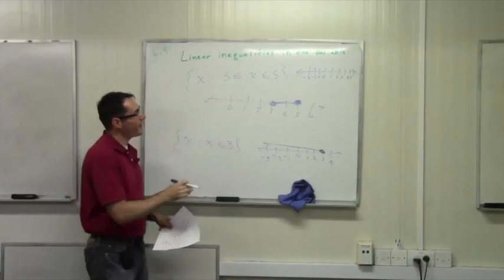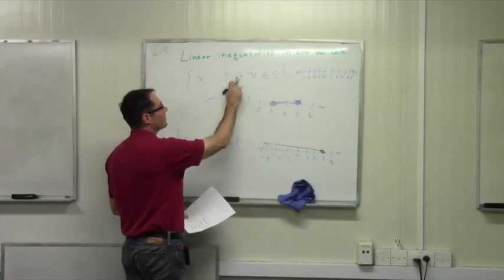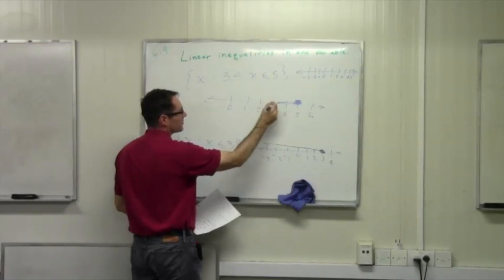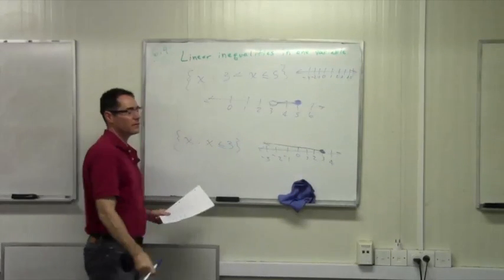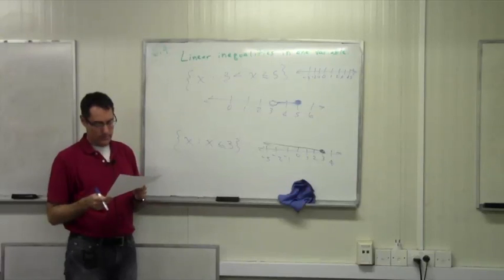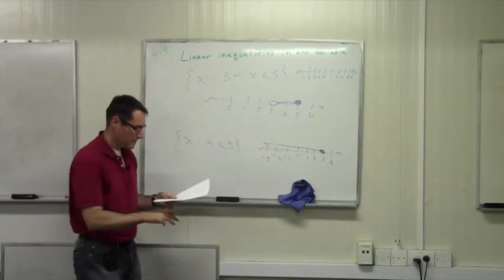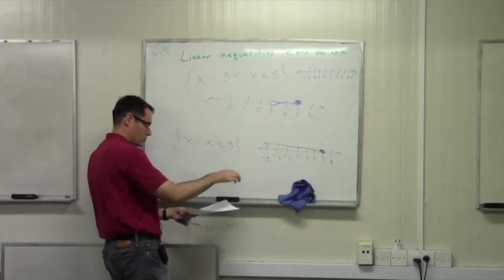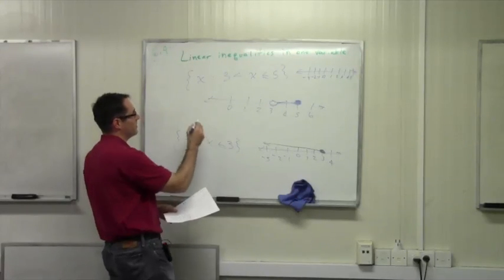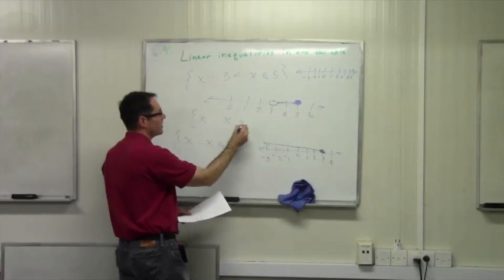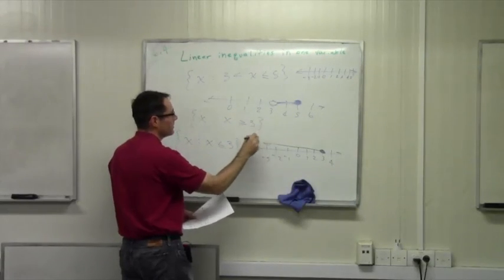If I switched it to 3 is less than x, then this would just become a circle that's unfilled, like that. One more. x such that x is greater than or equal to 3.